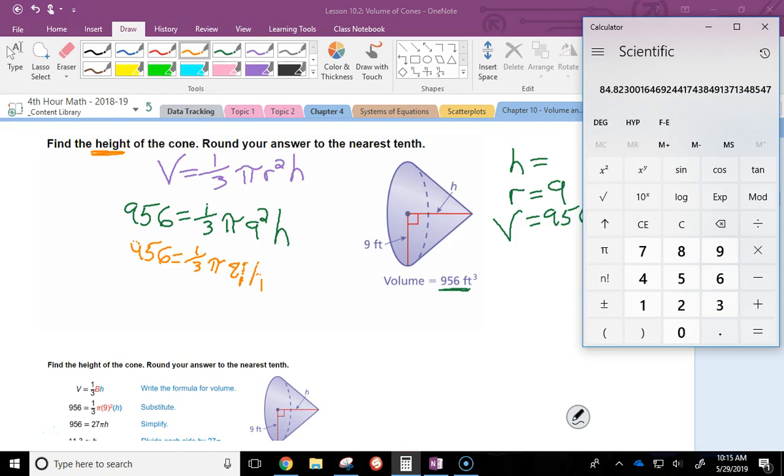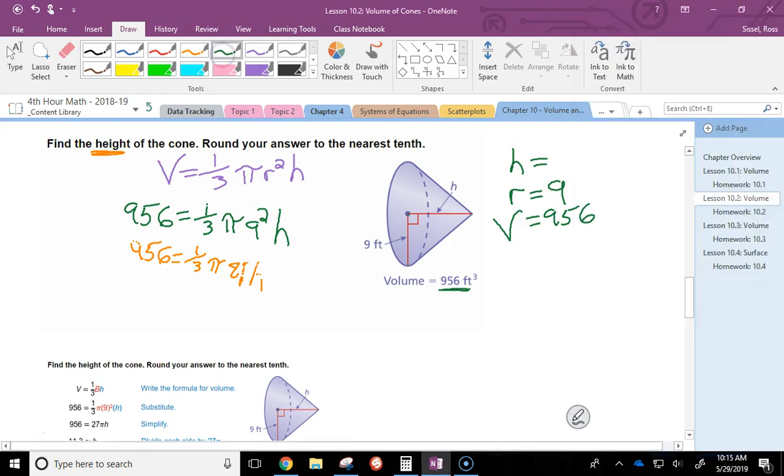This is the point on the video yesterday I talked about. We see how my decimal doesn't terminate, right? So if I was like a scientist, I'd go really, really far down because this might make a difference. It's best if we use as much of the number as we can. For what we're doing today, we're okay rounding to the nearest tenth. So I'm going to say all this is 84.8.